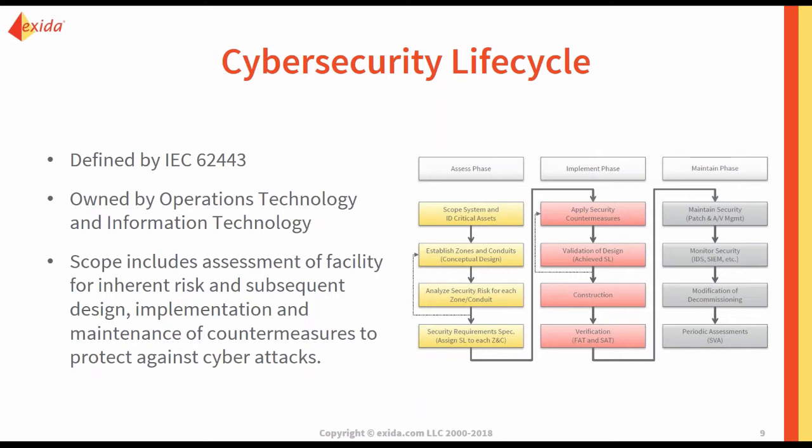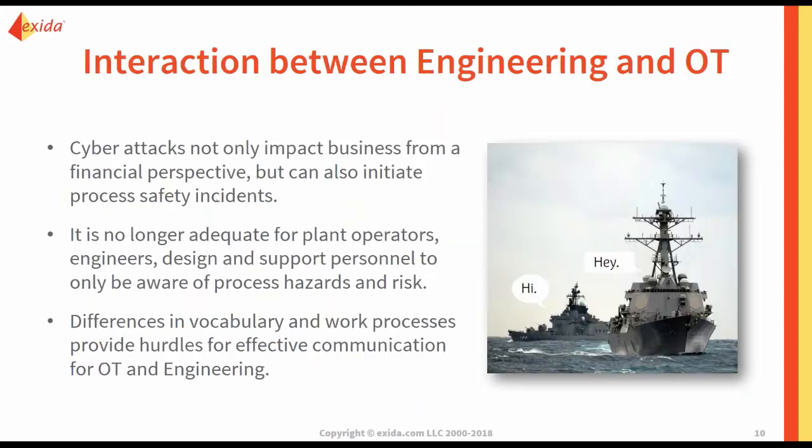They would usually include things like physical security of the engineering station, checks on the network devices, things like that. And so we're going to take a deeper look into this. Like I said, cyber attacks not only impact the business from a financial perspective, and corporate image, but they can also initiate those same process safety incidents.